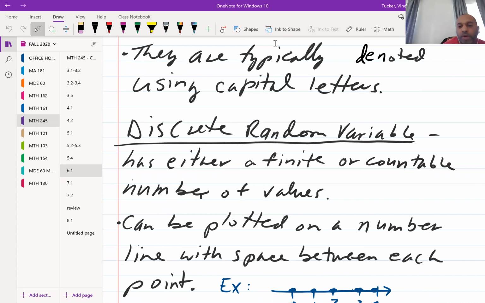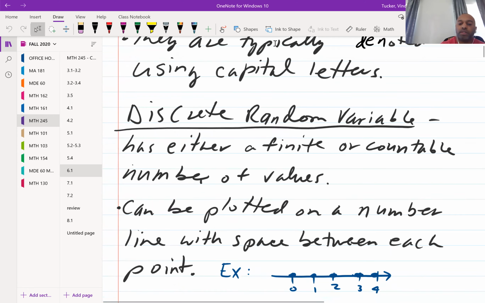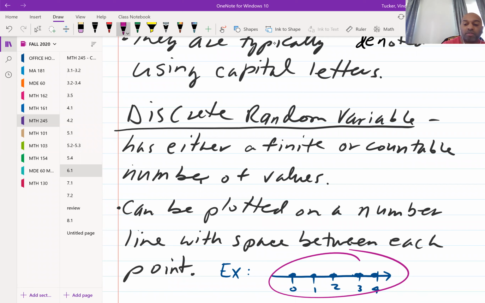So a discrete random variable has either a finite or countable number of values, can be plotted on a number line with a space between each point. So just an example of what you're talking about as far as being plotted on a number line. In other words, when it comes to a discrete random variable, it is what it is.